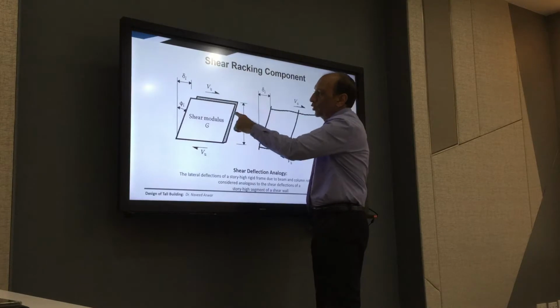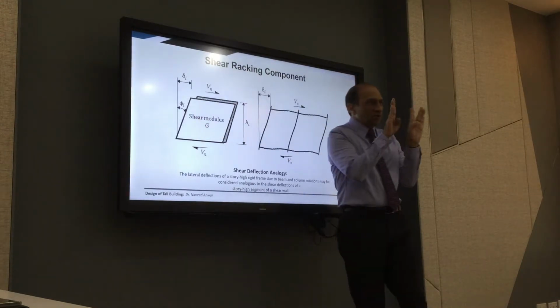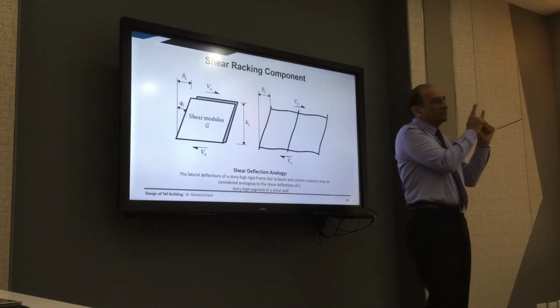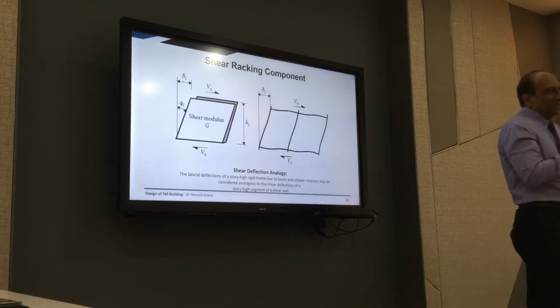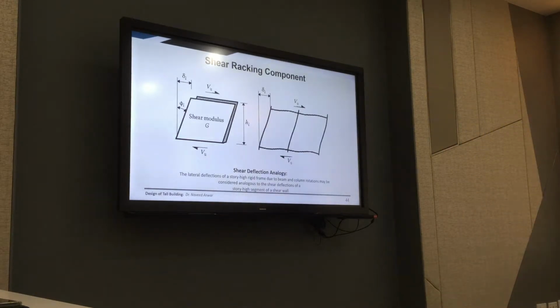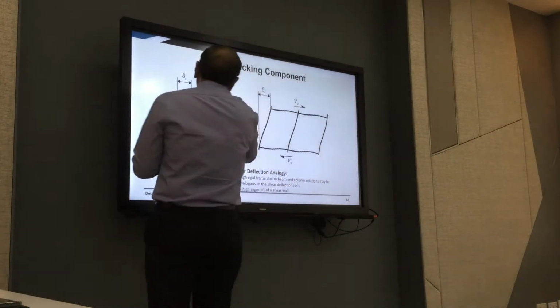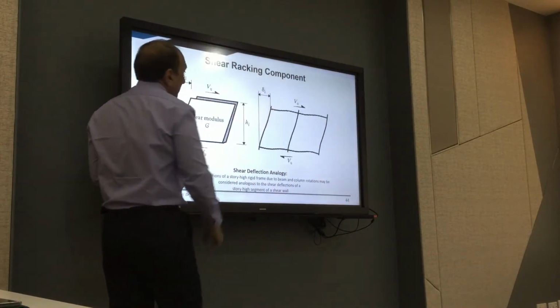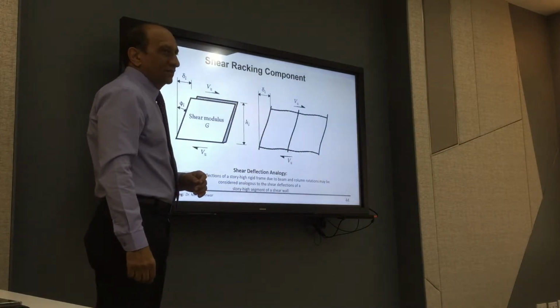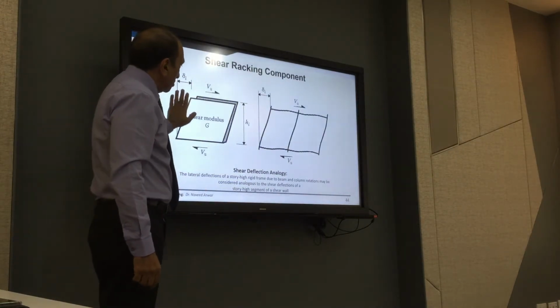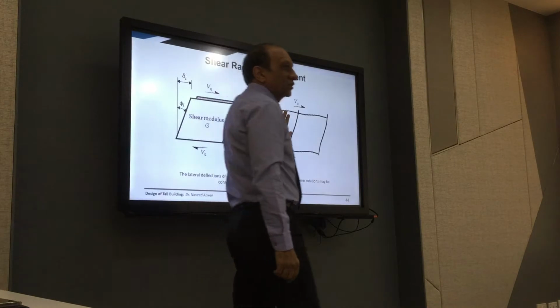However, in a shear mode, the structure simply deforms, but edges remain straight. There is no edge rotation, there is no edge deformation. So the body in between just becomes a parallelogram rather than a square or rectangle. So this is a shear mode, this is a flexural mode.